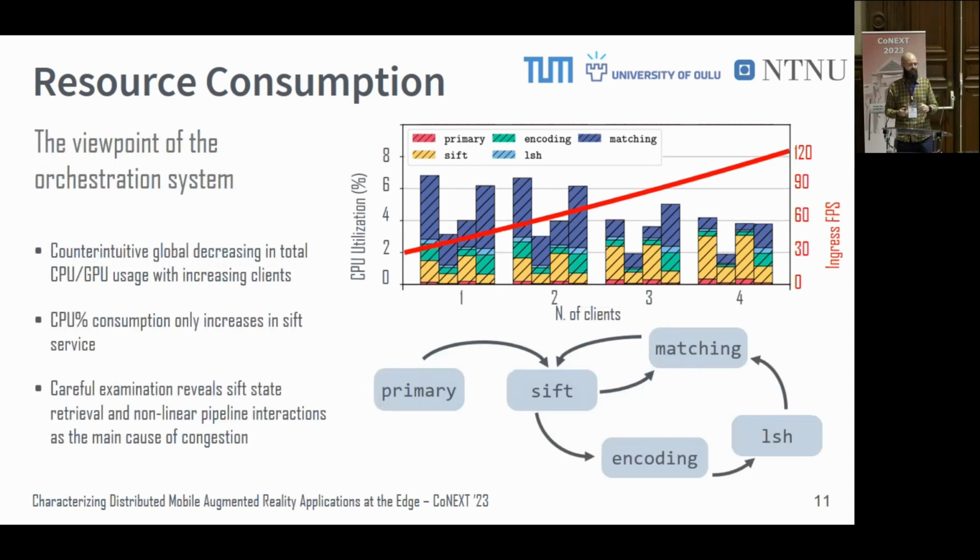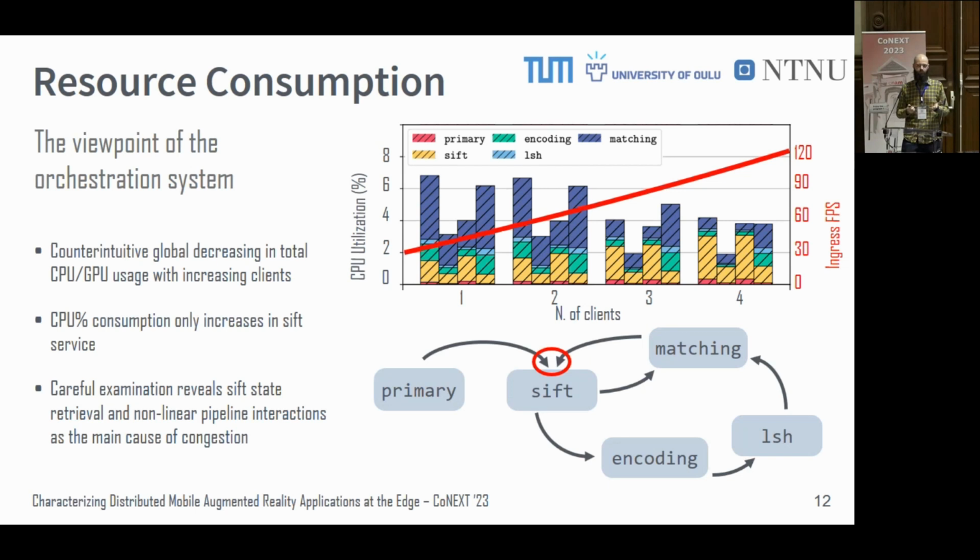After further analysis, in our paper, we discovered that the bottleneck is, as it was possible to anticipate, the Swift microservice. The main reason for this is that the nonlinearity in the service dependencies causes Swift to be a bottleneck, because we receive double the amount of requests in this service because of the statefulness.